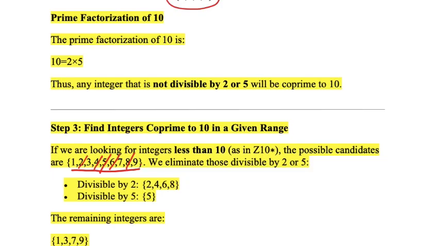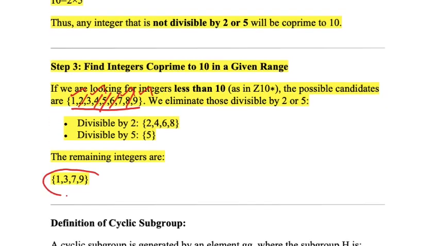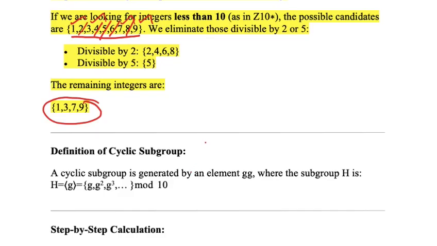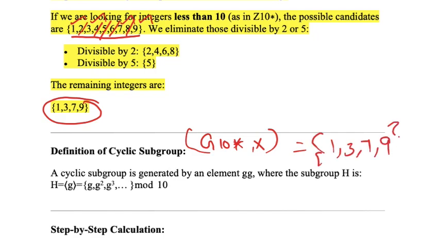The remaining integers are the co-prime elements of 10: 1, 3, 7 and 9. So the main group for Z10 star under multiplication is 1, 3, 7 and 9.